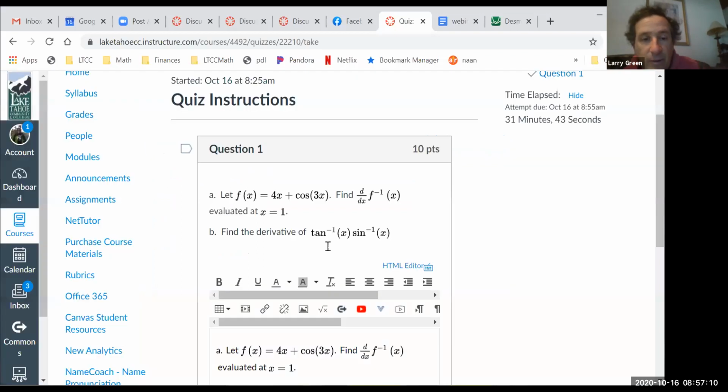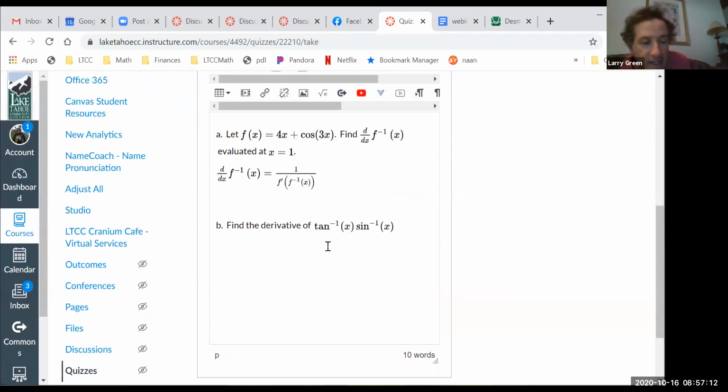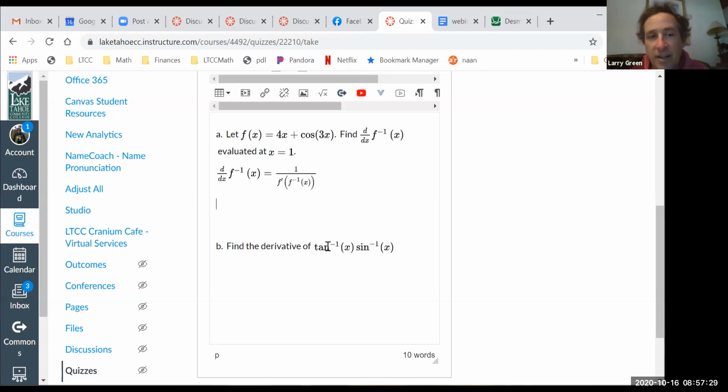Okay, so that was a big formula that we had a couple days ago, and it was really the only formula, so you definitely need to know it. So pretty much looking at this, we need to find f prime. We need to find f inverse of the value, and then we have to plug in. So those are the steps that we're going to do.